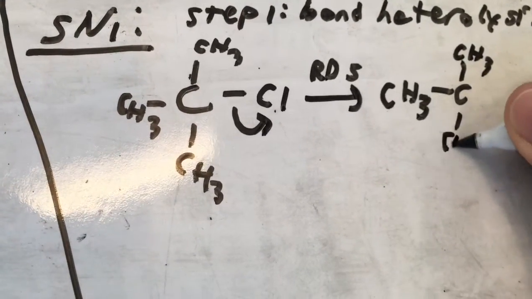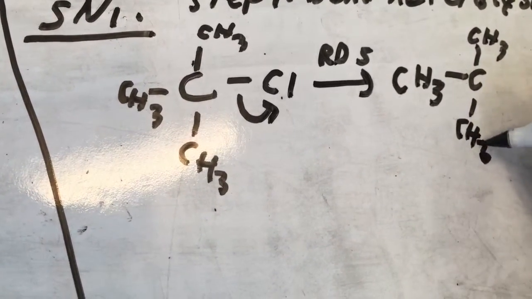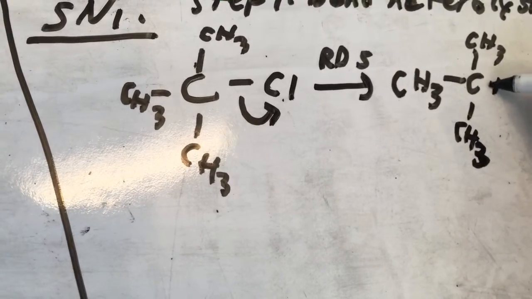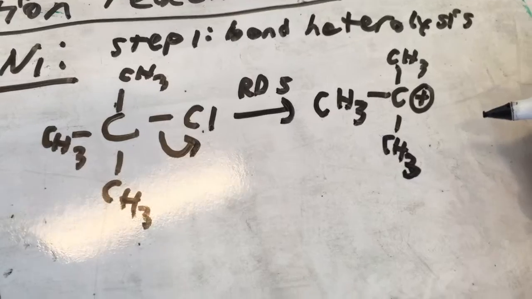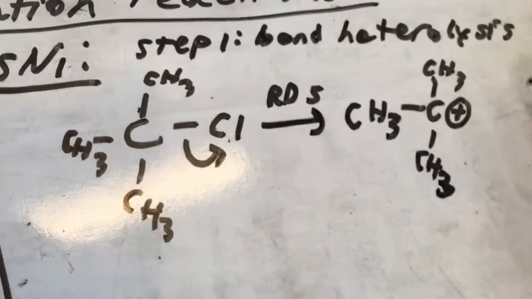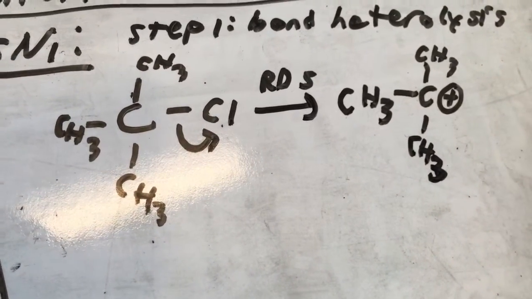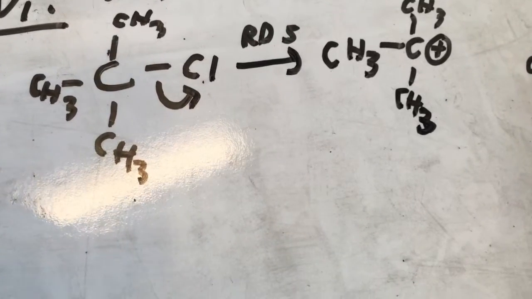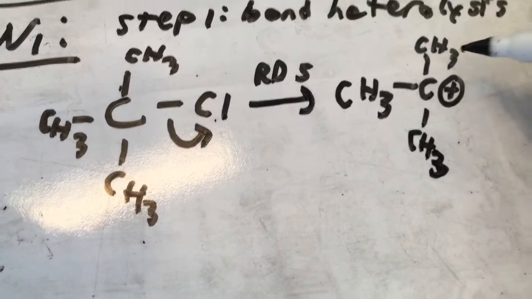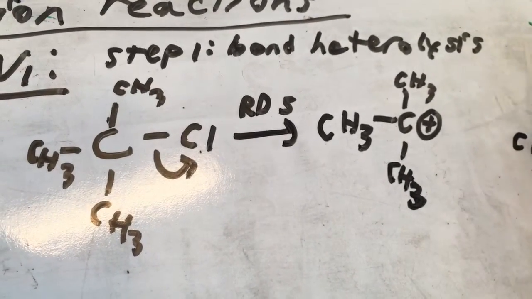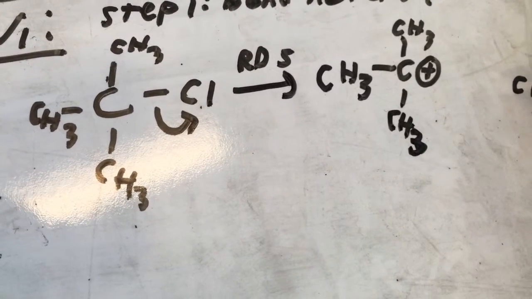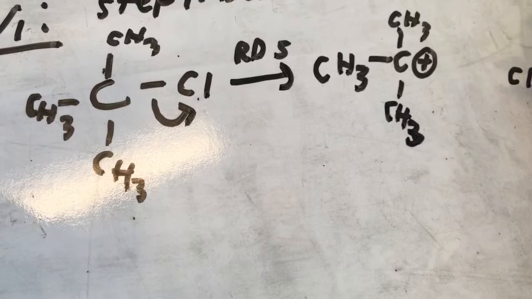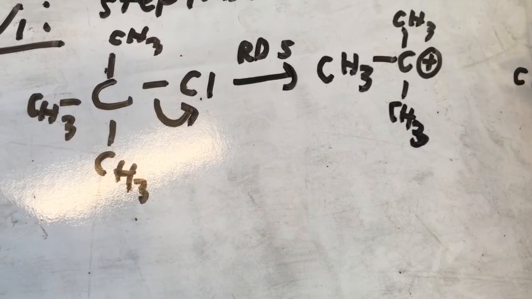What we get is C, CH3, CH3, CH3, and then we have a plus charge because it left and took its electrons with it. And we have a Cl minus charge. Now what we have here is a tertiary carbocation intermediate formed from our tertiary alkyl halide.